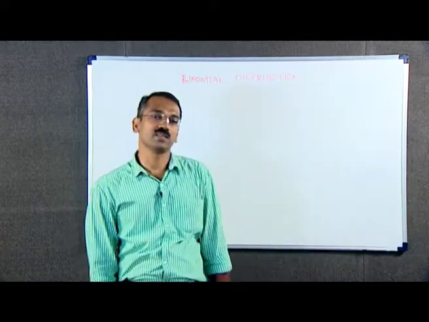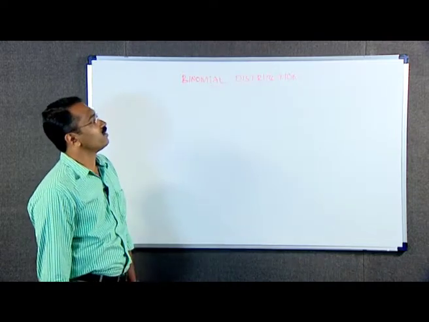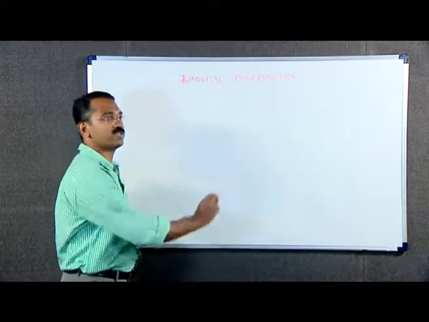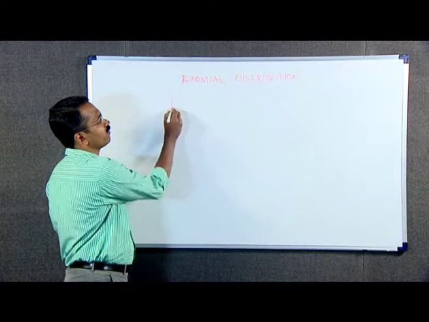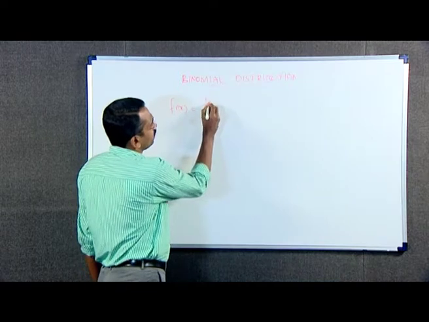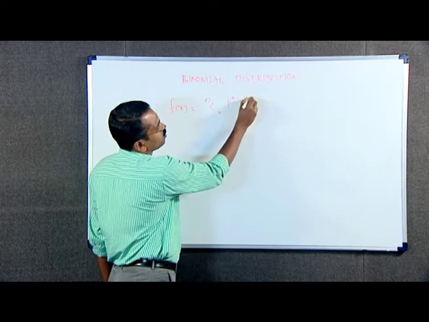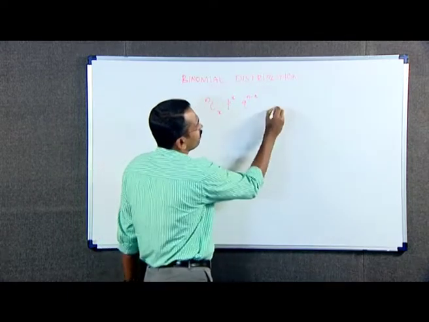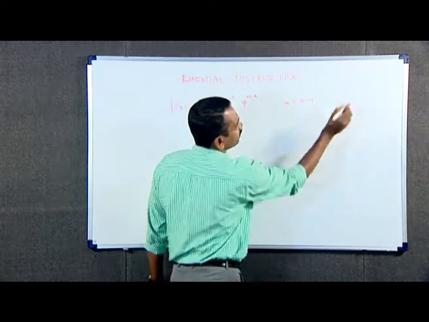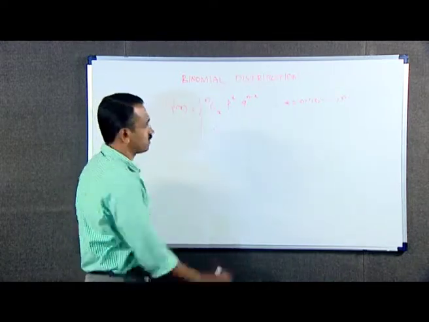If x is a discrete random variable, then we say that x follows a binomial distribution if its probability mass function f of x is given by f of x is equal to n choose x p raised to x into q raised to n minus x for x equal to 0, 1, 2, 3 etc. up to n, and f of x is equal to 0 otherwise.